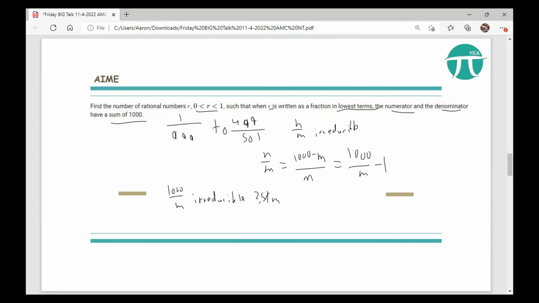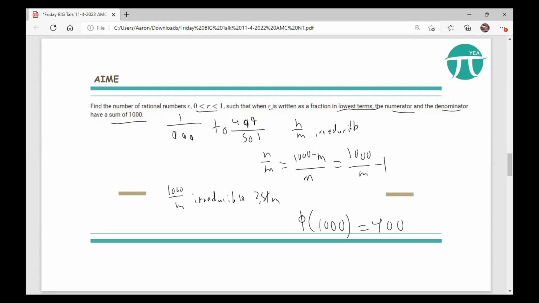So the number of answers here, we will first start off by using the phi function of 1000, which is 400. And so this means that there are 400 numbers relatively prime to 1000.